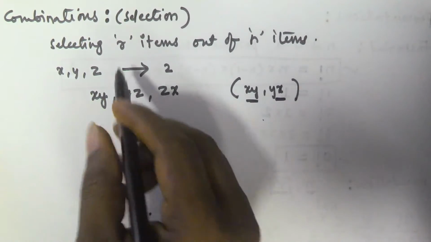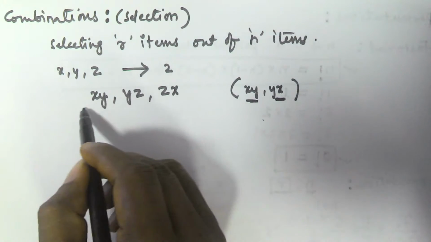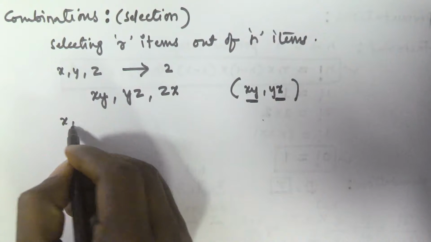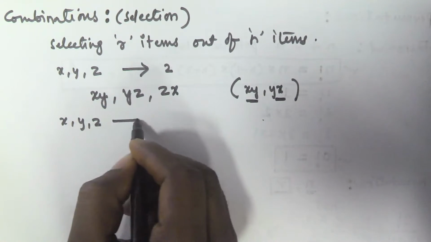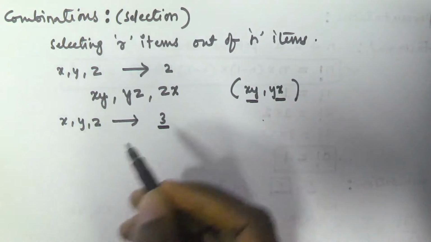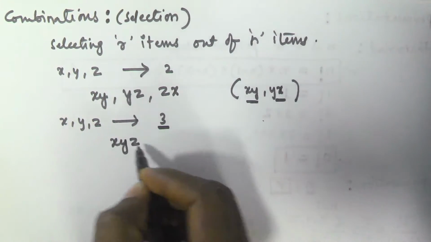Selecting two items out of xyz, the possibilities are xy, yz and zx. Selecting three items out of xyz, only one way is possible, that is xyz.